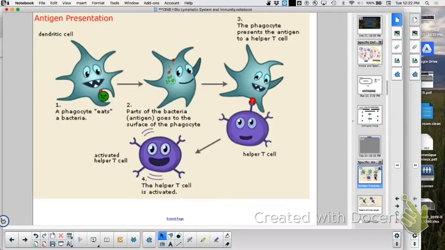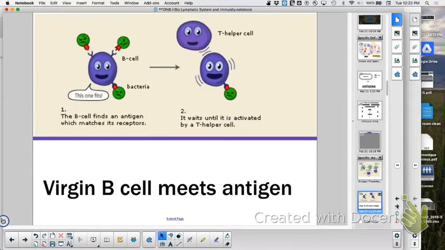Exactly. So he's displaying it, trying to get this T cell to be activated. Now, a B cell is different. A B cell comes in direct contact with that virus or that bacterium. It has a B cell receptor who will bind with that antigen, and then that will activate him if the T cell agrees.